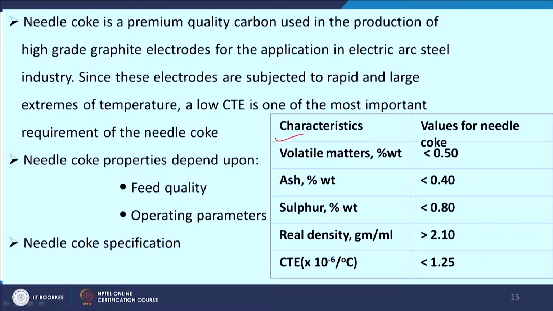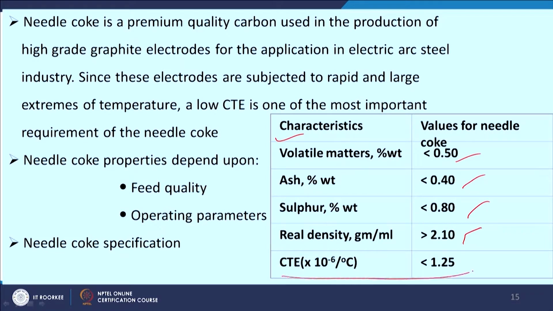So, it can be used as electrode because of some specific properties. So, you see the characteristics of needle coke. So, volatile matter is less than 0.50% and then ash content is less than 4% and sulfur is less than 0.8% and density is greater than 2, the density is around 2.1 gram per ml.